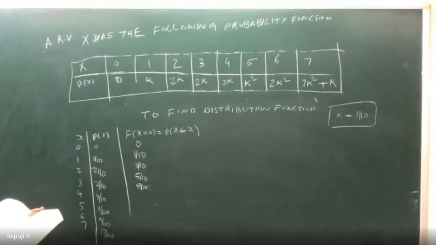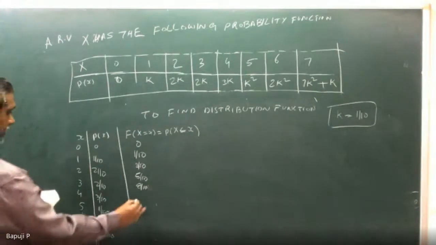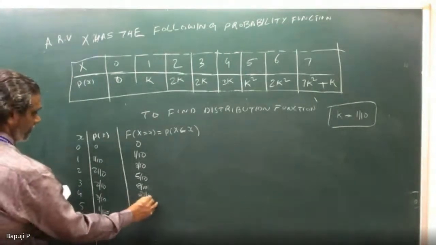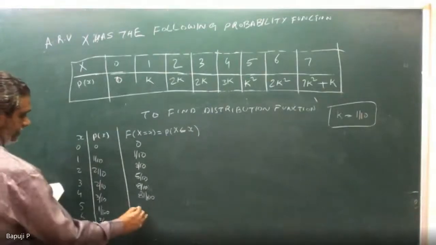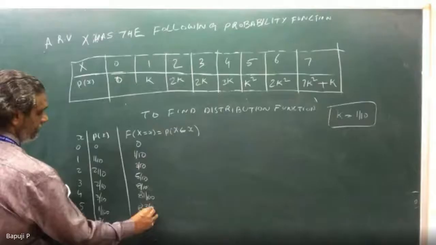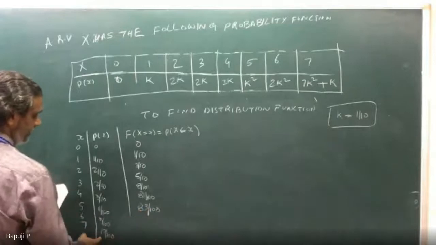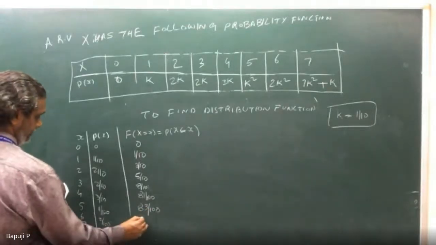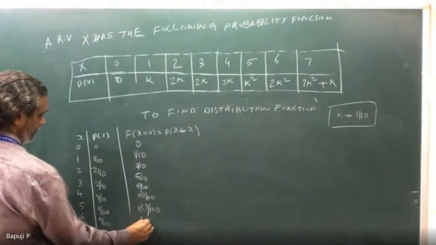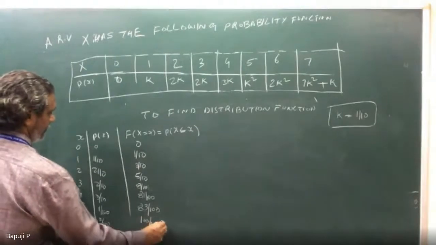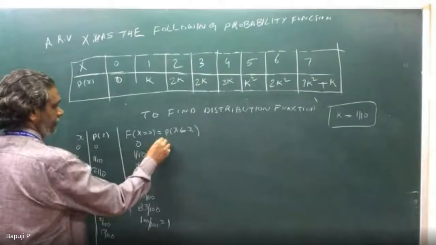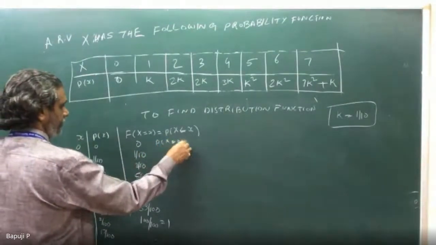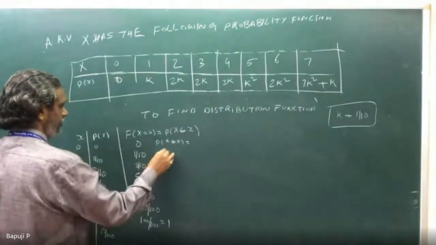Check. Yes, 81 by 100. Correct? Then this is 83 by 100. Then 83 plus 17 is 1. It is 1, the 0 times probability.